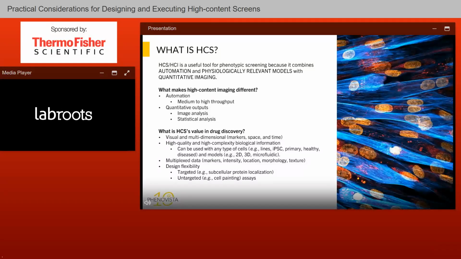You're not getting electron microscopy levels of resolution, but you're getting a good combination of micron level or multi-micron level, certainly the ability to discriminate major compartments within cells, and the ability to look at multiple markers at the same time, so you can multiplex.